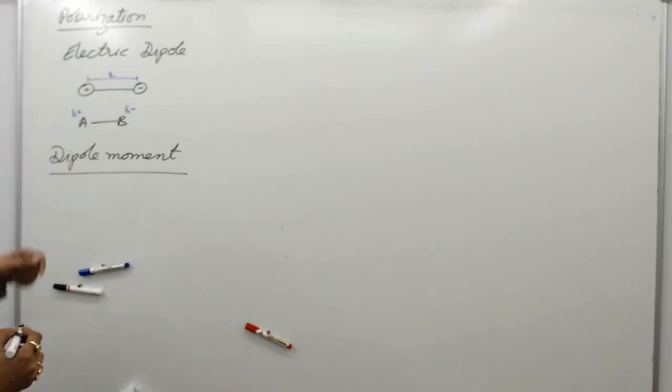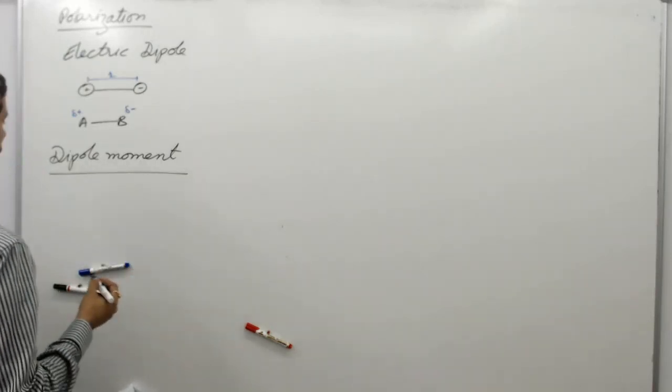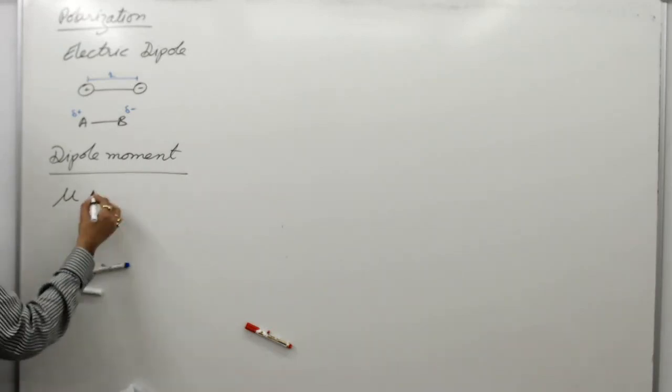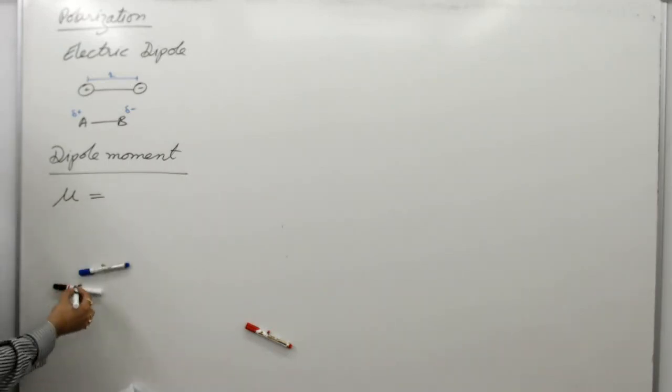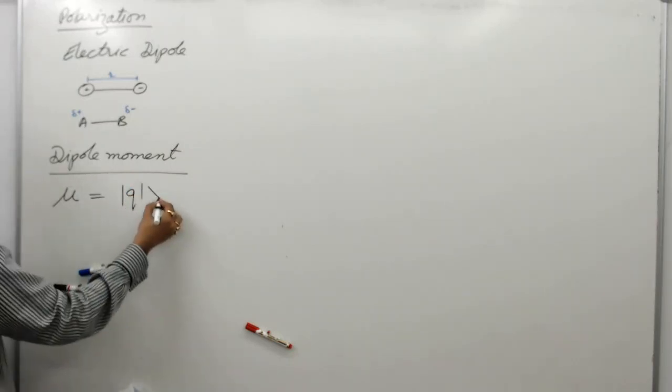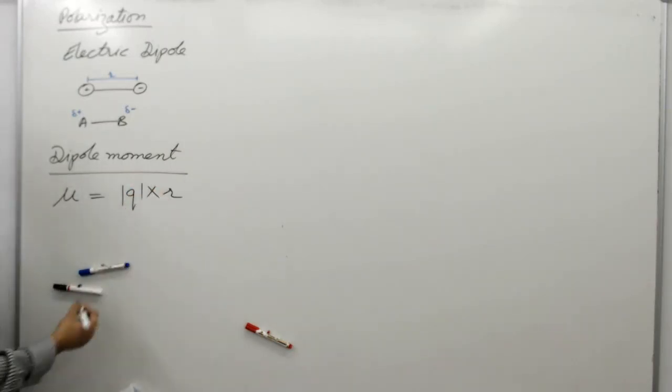Now, when you talk about the dipole moment, this has a peculiar way. It is represented by a symbol mu. Now, this mu is equal to the magnitude of charge separation multiplied by the r.